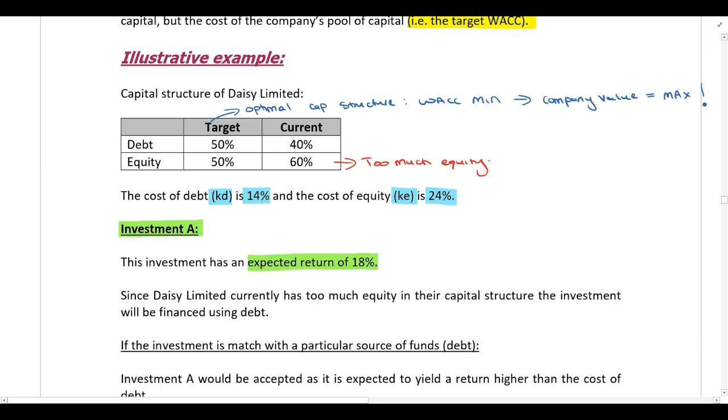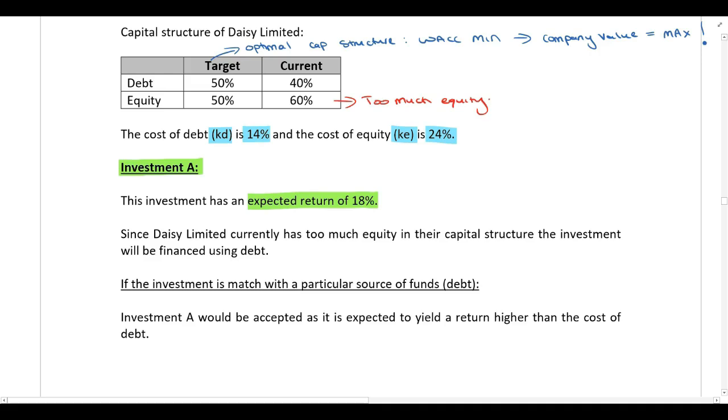So like I already said, currently Daisy Limited has too much equity in their capital structure. So they are going to therefore finance investment A using debt, so that they can try and move closer to their target or their optimal capital structure. So look at what happens if we match this investment to the particular source of funds.